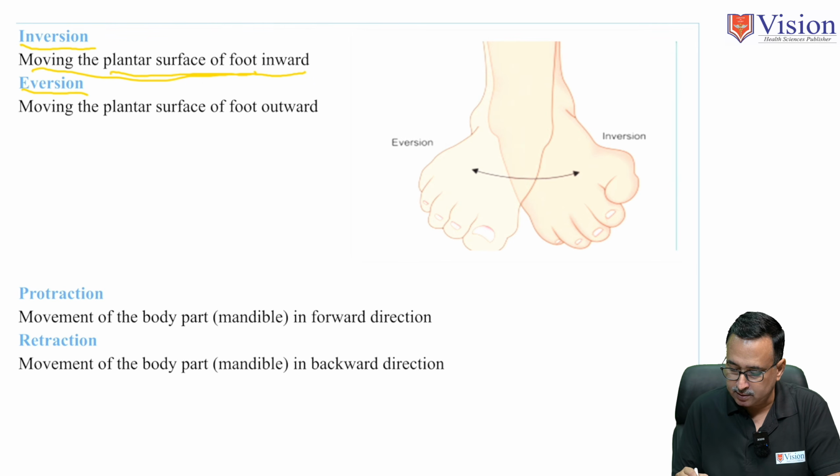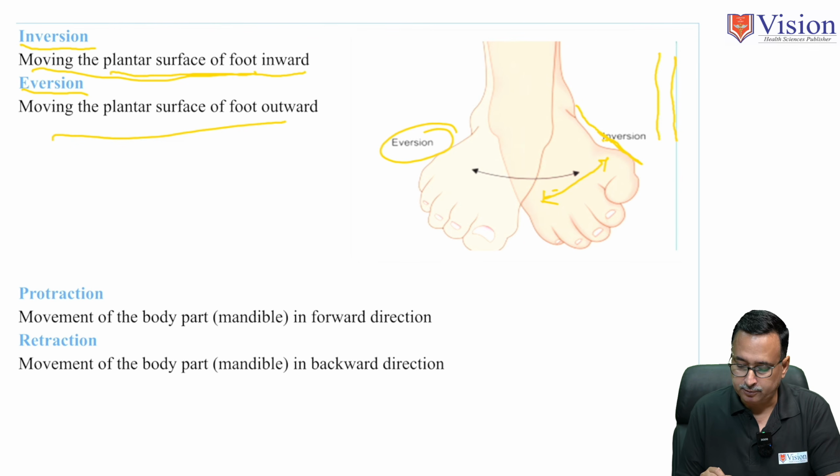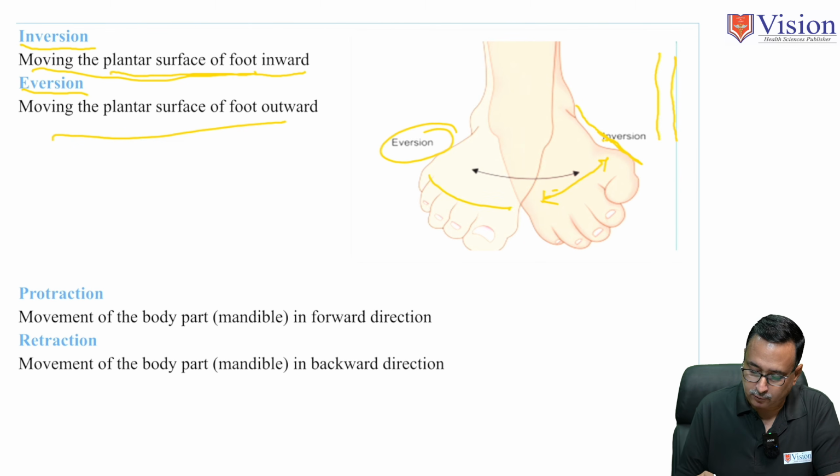So this is inversion. During this movement, you can just imagine this is the plantar surface, it now faces the opposite leg. Eversion is the outward movement of the foot, when the plantar surface of the foot goes away from the opposite leg.